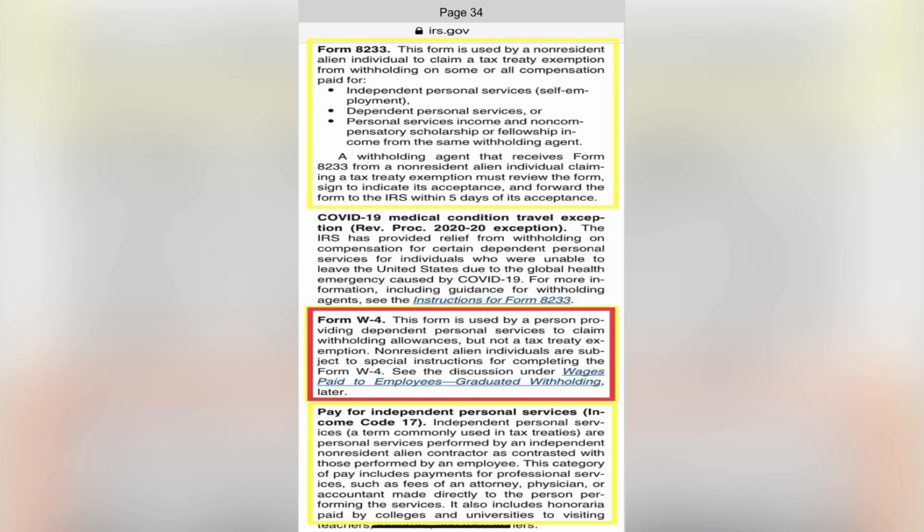On page 34, under Form W-4, it reads, "This form is used by a person providing dependent personal services to claim withholding allowances, but not a tax treaty exemption. Non-resident alien individuals are subject to special instructions for completing the Form W-4."